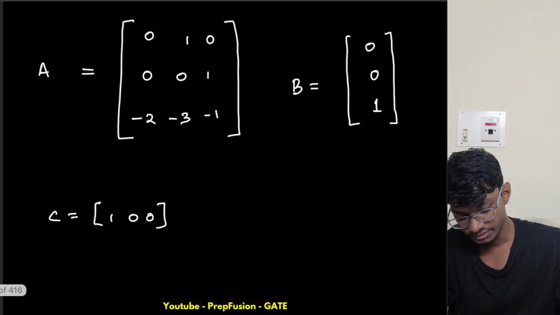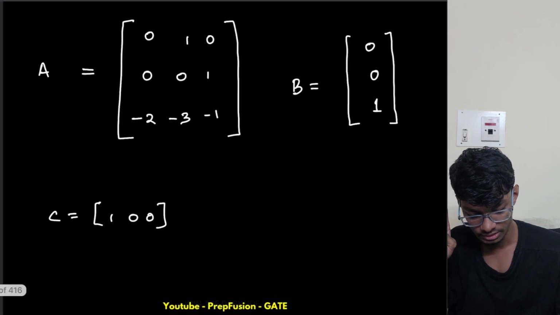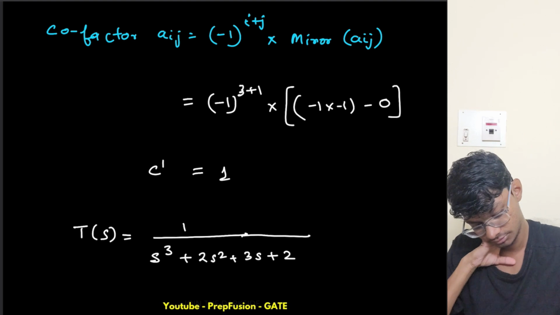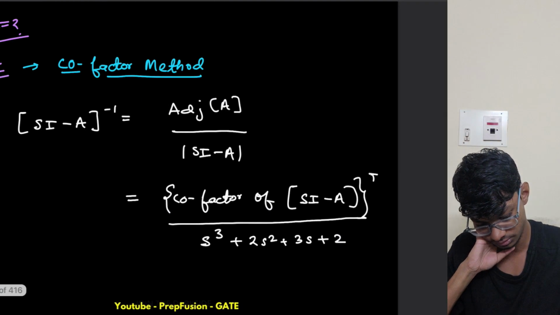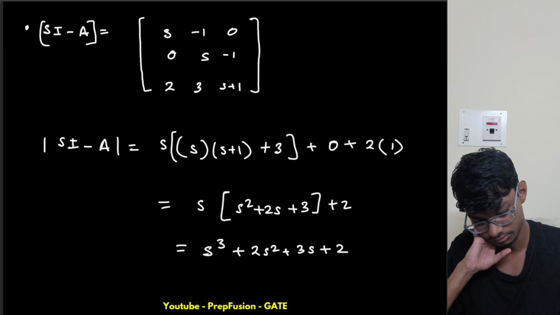So what I observe here is these coefficients, right? These are 2, 3 and 2, and here also I have one. Okay, did I do something wrong here? This should come 1, right? I have made some mistake. This should not come 2.